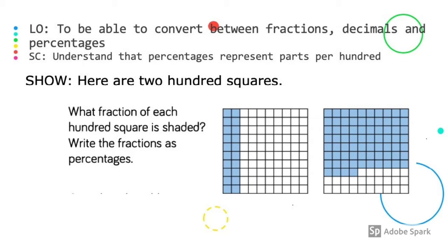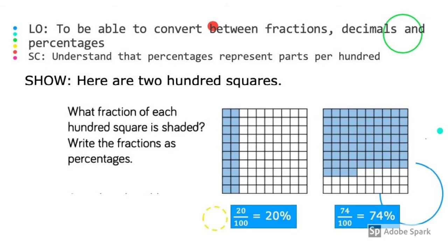Let's work out what fraction of each 100 square is shaded. We'll then write the fractions as percentages. The first 100 square has 20 little squares shaded. Therefore, we could write this as a fraction as 20 hundredths. This is equivalent to 20% because there are 20 parts per 100 shaded.